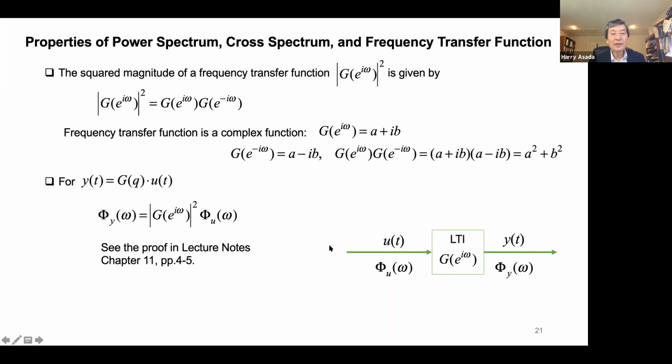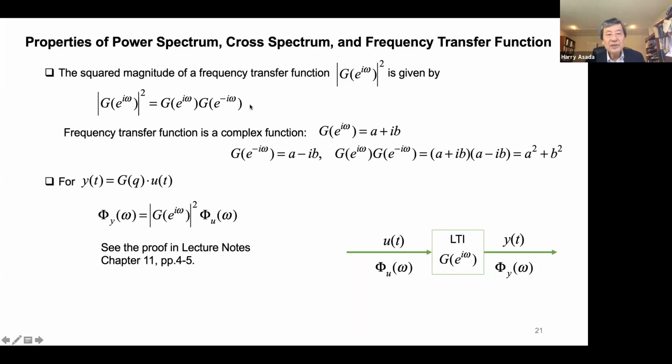So finally, two more points which are a little bit tricky. The squared magnitude of a frequency transfer function is given by this. This is somewhat obvious because the frequency transfer function is a complex function, right? So it takes a complex value like a plus ib.